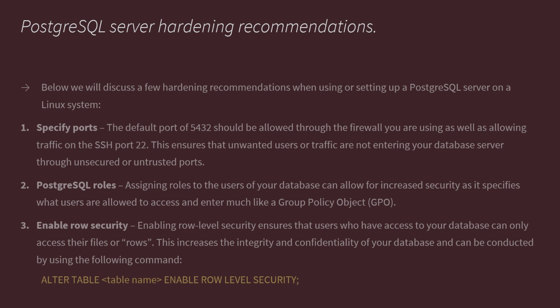This increases the integrity and confidentiality of your database and can be conducted by using the following command: alter table, then entering the table name, and enable row level security. Entering that will turn the value to true and basically enable that this happens on your server and that users are only able to pull from the files that they have access to.